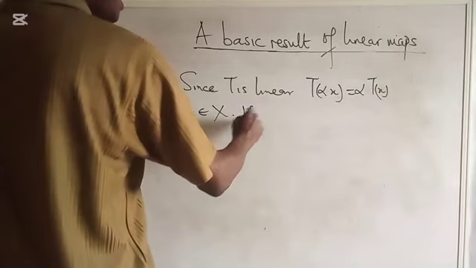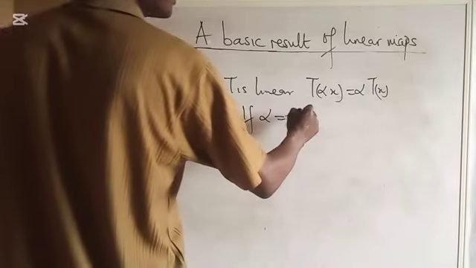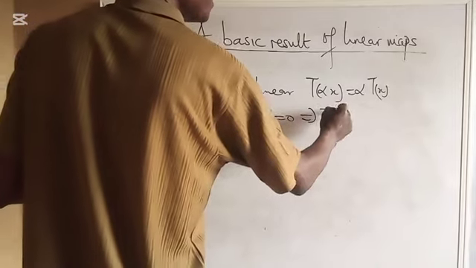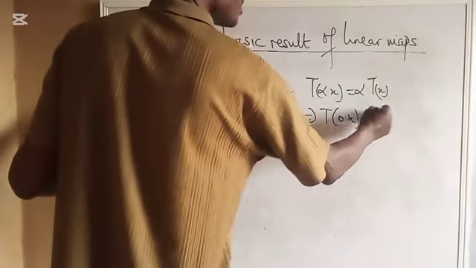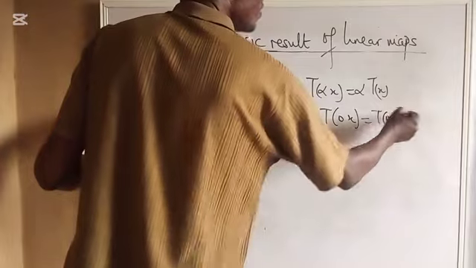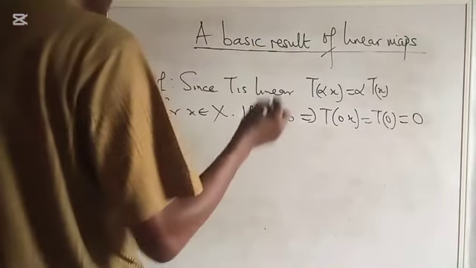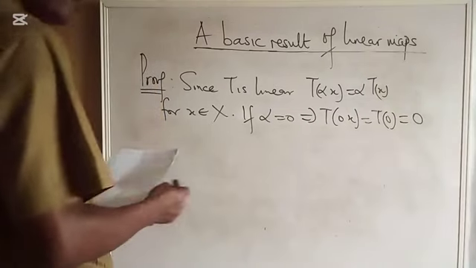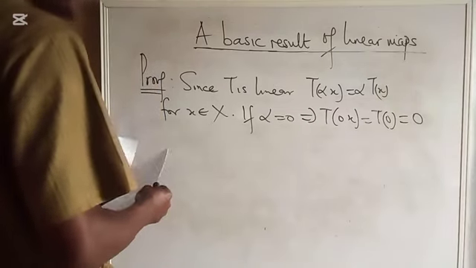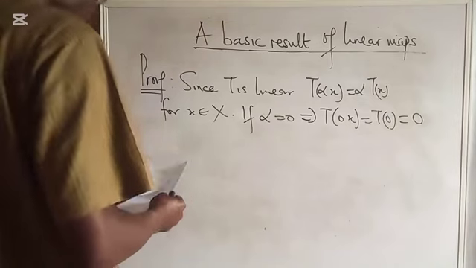So if alpha is equal to 0, that implies that T of 0x, which is equal to T of 0, is equal to 0. So that shows that the first proof is established. And don't forget, our alpha is a scalar.